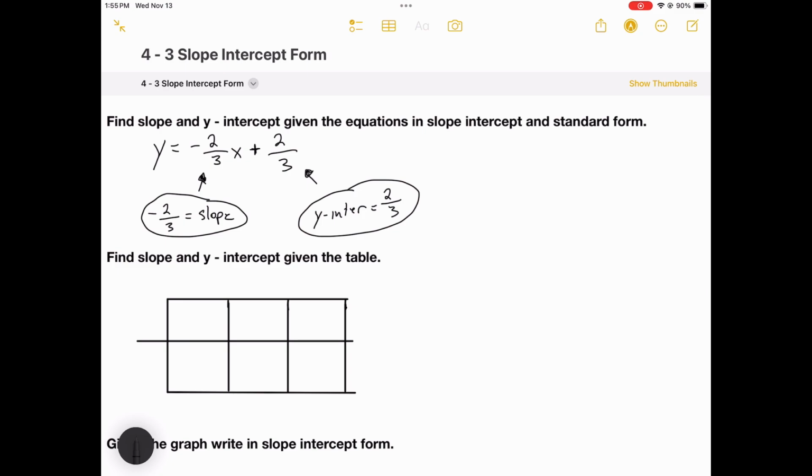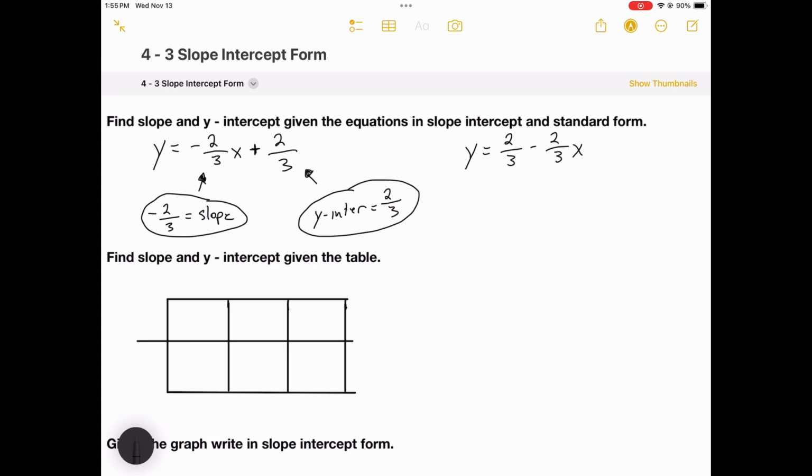So let me disguise this same problem in a little bit different way. And let's give you this one. Y equals 2/3 minus 2/3 x. As you can see, it's the same equation, but I arranged it a little bit different.